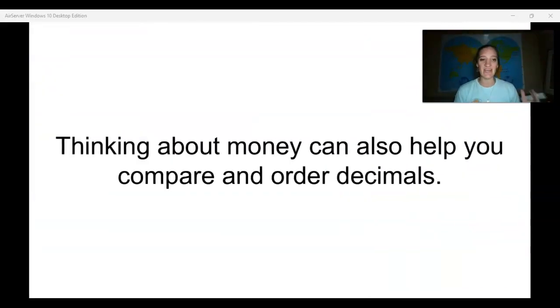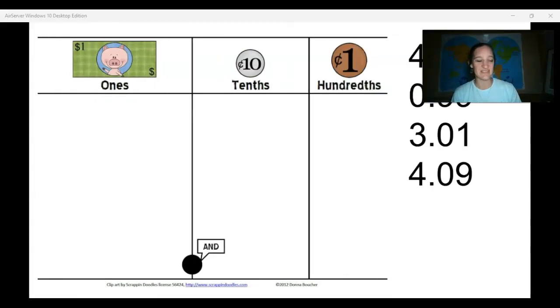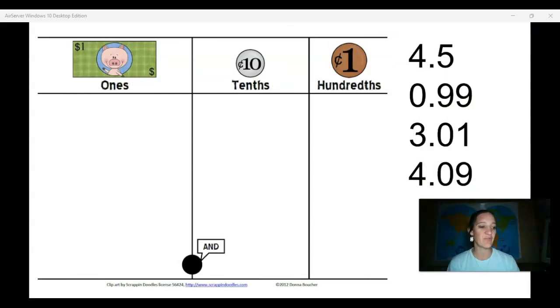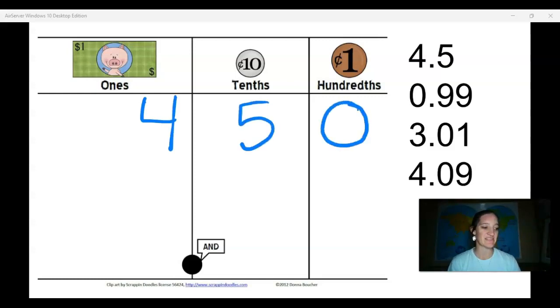Thinking about money can also help you compare and order decimals. If you turn decimals into money, it might be a little more obvious to you which one is the biggest. For example, if you have 4.5, one way you can think of that is $4, 5 dimes, and 0 pennies.